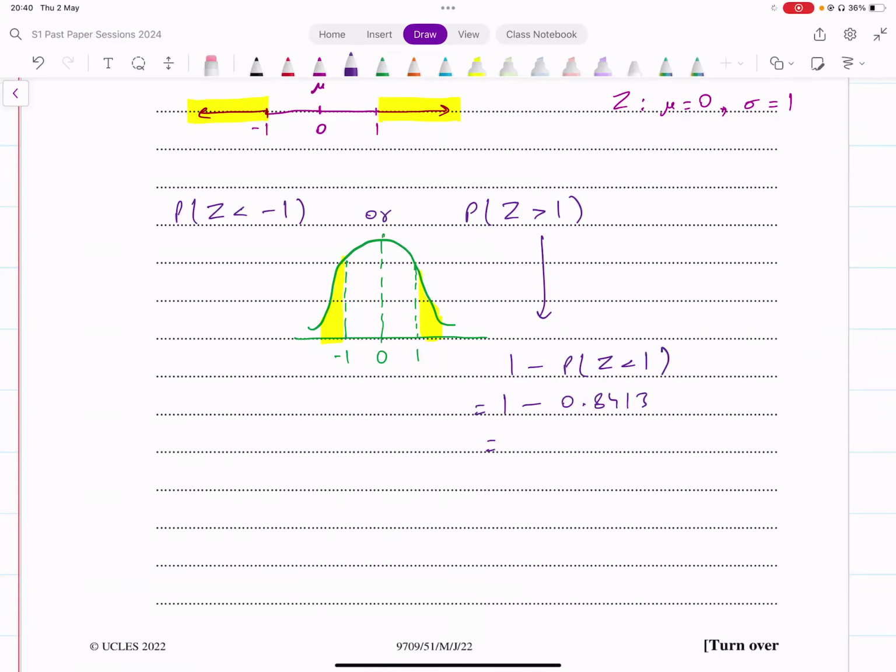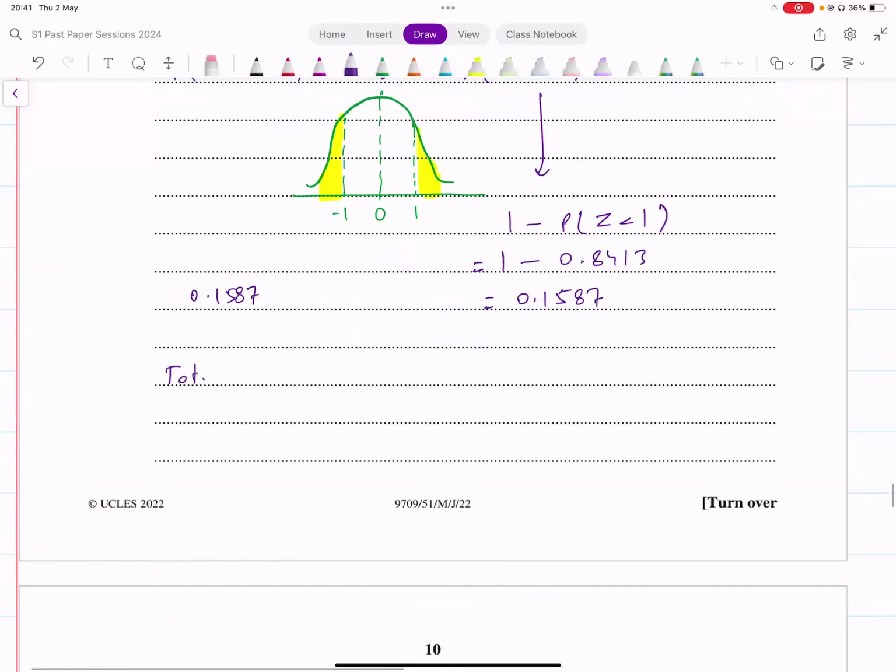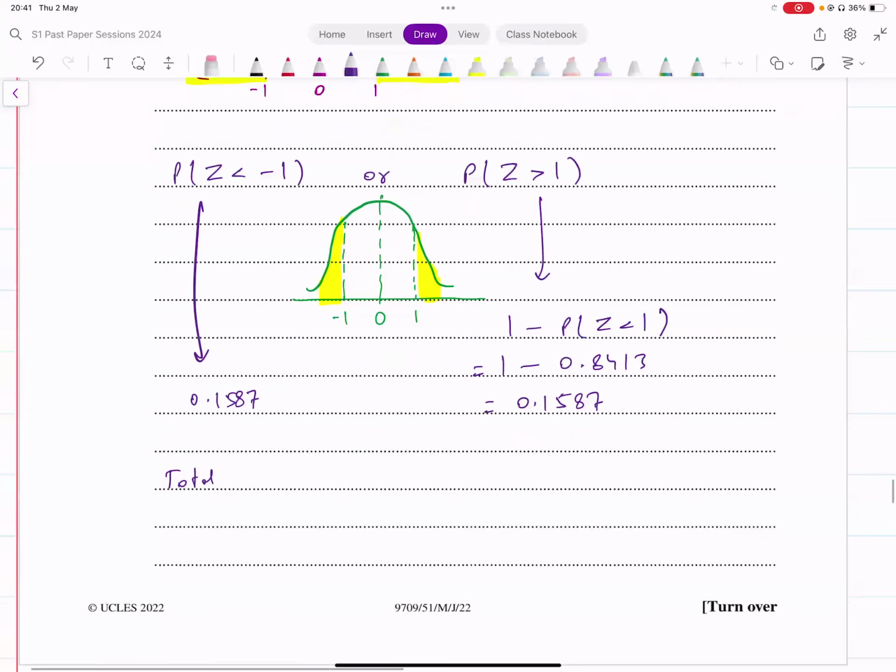0.8413. What's the result that we get from this? 1 minus 0.8413. This is 0.1587. If this region is 0.1587, this yellow region, that means the other one is also going to be 0.1587. So what's the total probability? This one would also be 0.1587, right?